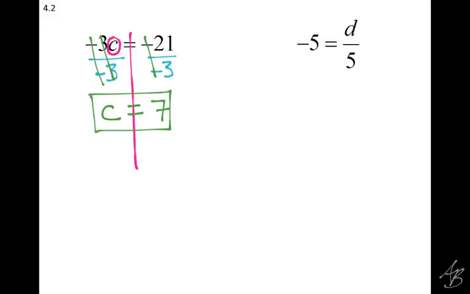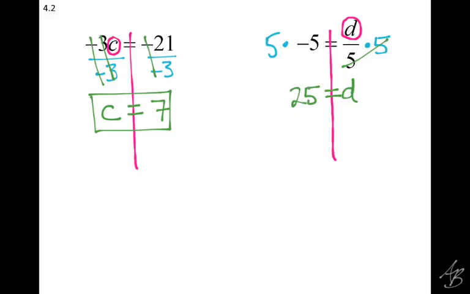All right, next one we want to get d by itself. So we circle the d, draw our line of equality, and to get rid of this 5 here, what are we going to do? Multiply. So we multiply by 5 here, we multiply by 5 here, and 5's cancel, leaving d all by itself, and 5 times negative 5 is?